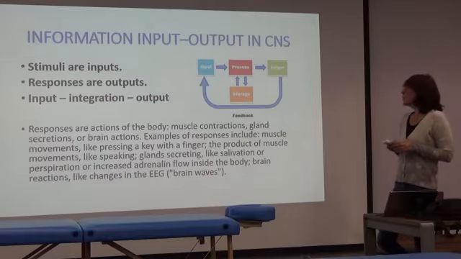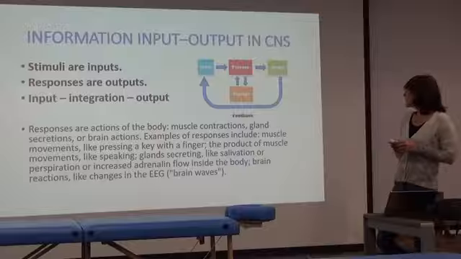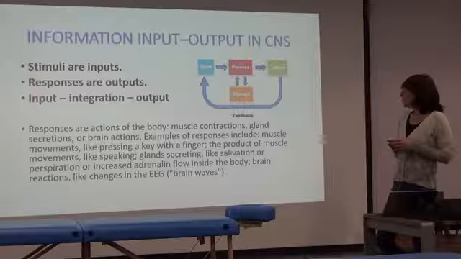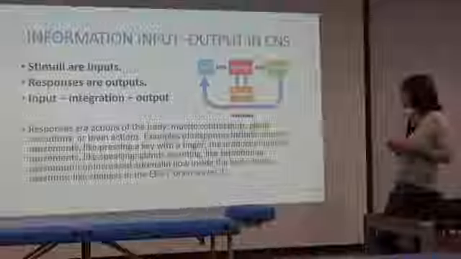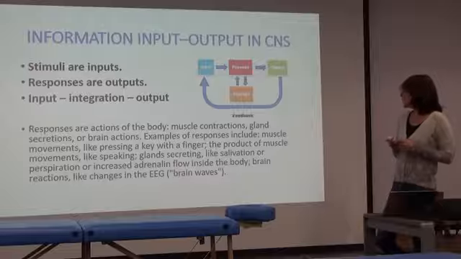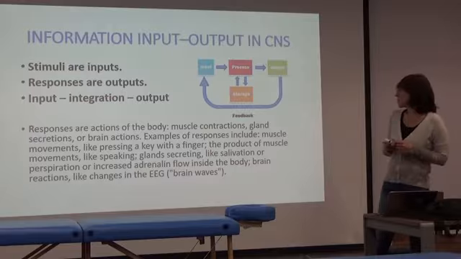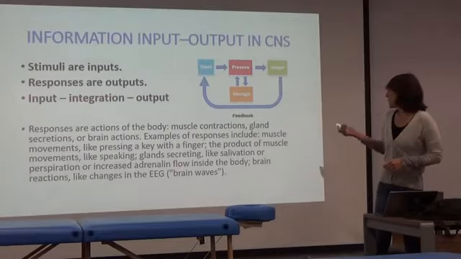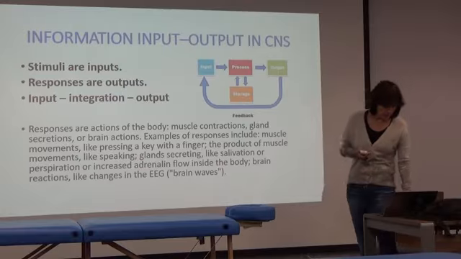So responses could be any actions of the body: muscle contractions, glandular secretion, brain activity. Examples could be conscious or subconscious movement, gland secretion like salivation, respiration, adrenaline flow inside the body, brain reactions, or even brain waves which we measure with an electroencephalogram.